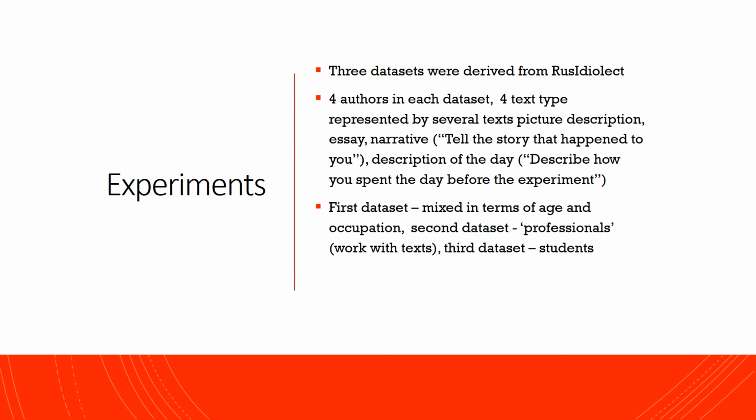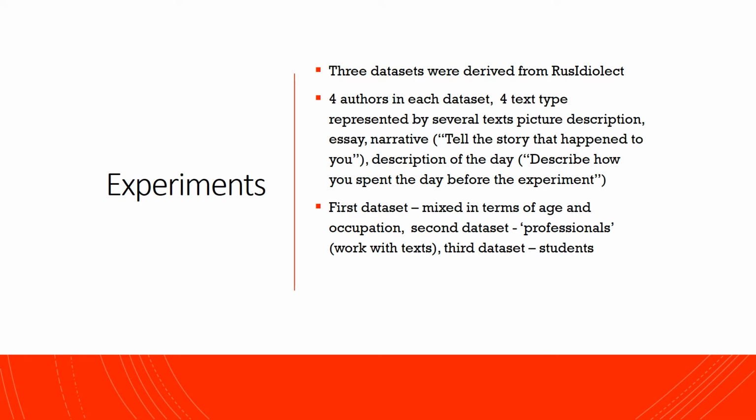The second dataset consists mainly of texts of people professionally working in the field in one way or another related to texts: translation, editing, computational linguistics, but with different levels of work experience. So, starting from a student and ending with an editor with 15 years of experience.